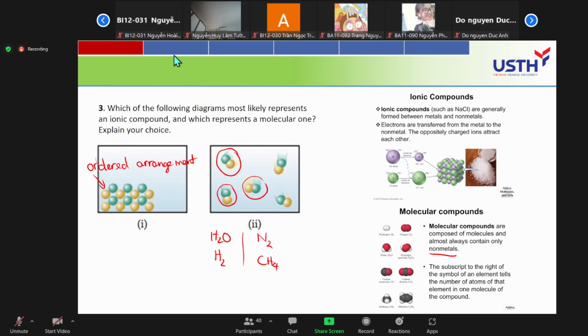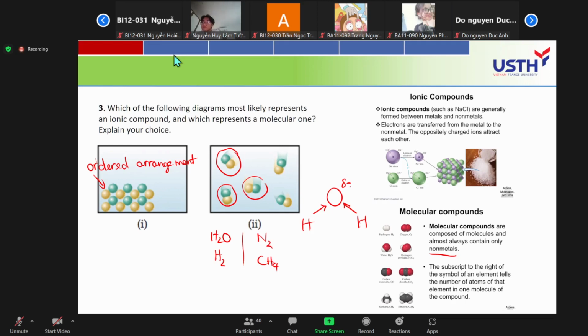And you will also study that even in molecular compounds like water, for example, you still have a difference in electronegativity between oxygen and hydrogen. Oxygen will attract electrons from hydrogen. So the electron density on the oxygen is a little bit higher compared to the electron density on hydrogen.